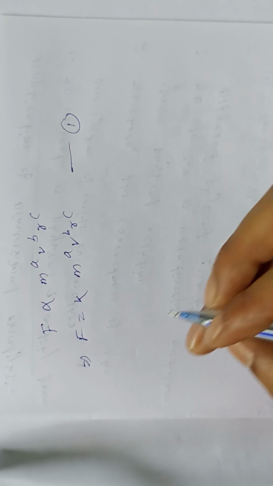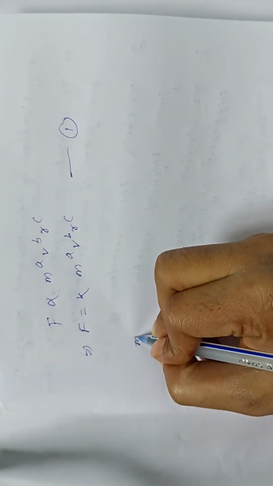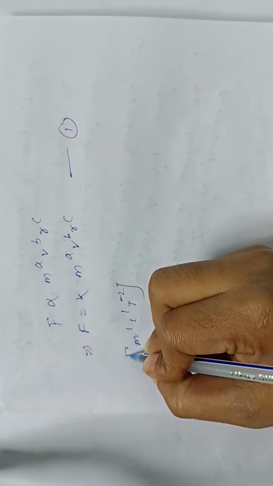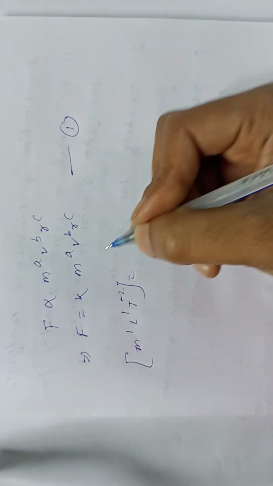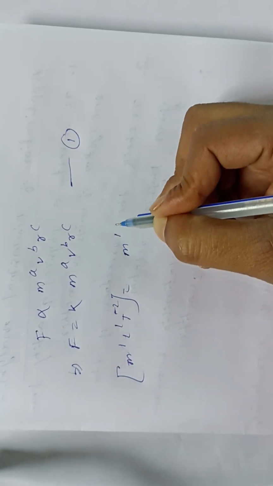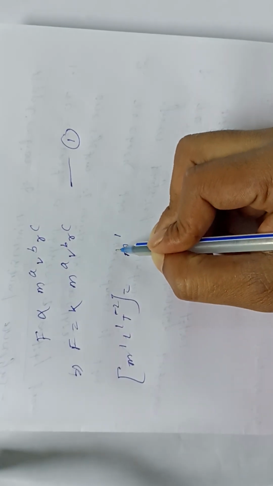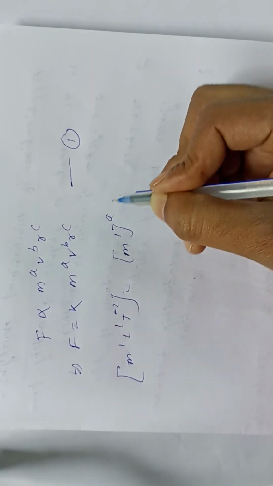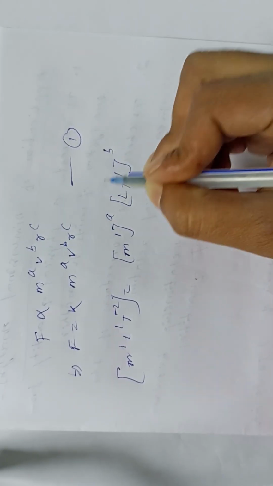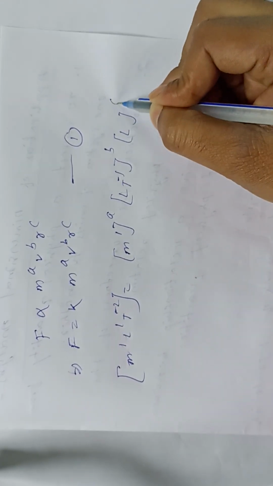Now writing the dimension of both the sides. F is force, M^1 L^1 T^-2, and k is a dimensionless constant, so m is M to the power a, velocity v is LT^-1 to the power b, and radius length is L to the power c.